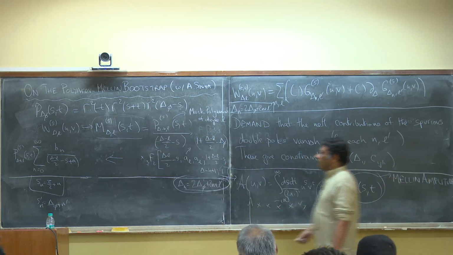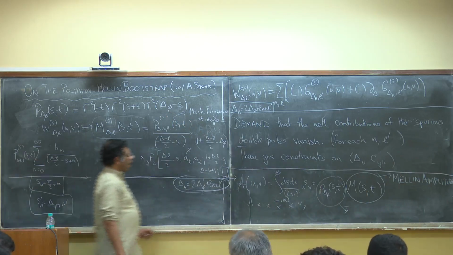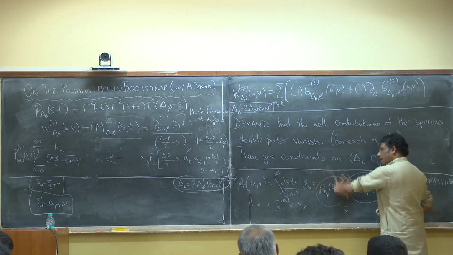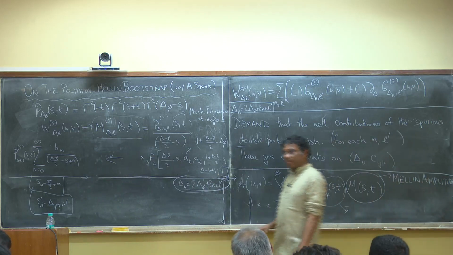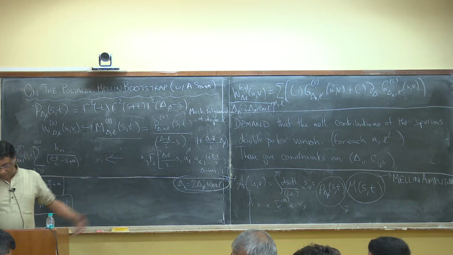So there are these two sets of contributions. And that's why it's very nice, because in writing it in this way, the double trace part gets factorized out in some nice way. That's one of the nice things that happens in this Mellin space.